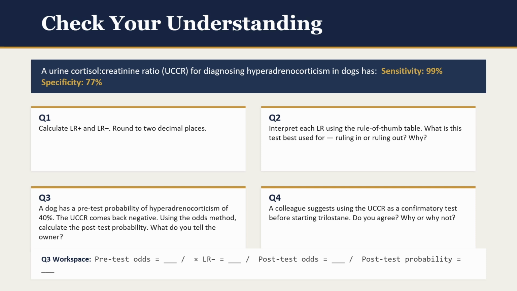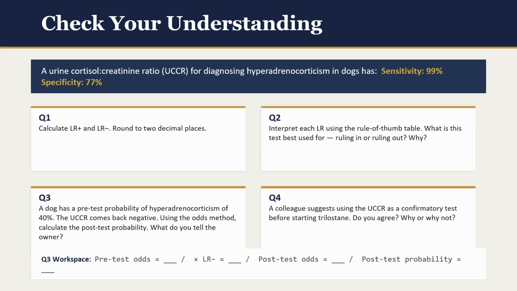This example is based on the well-established clinical profile of the UCCR, a highly sensitive but poorly specific test, making it a perfect real-world application of likelihood ratio interpretation. Question 1. Calculate LR positive and LR negative.